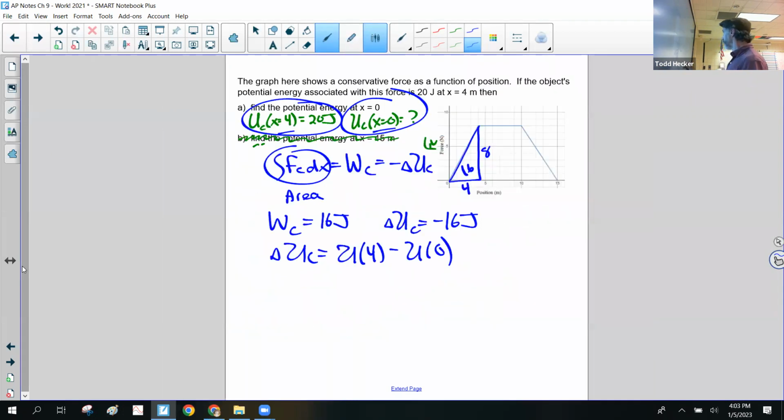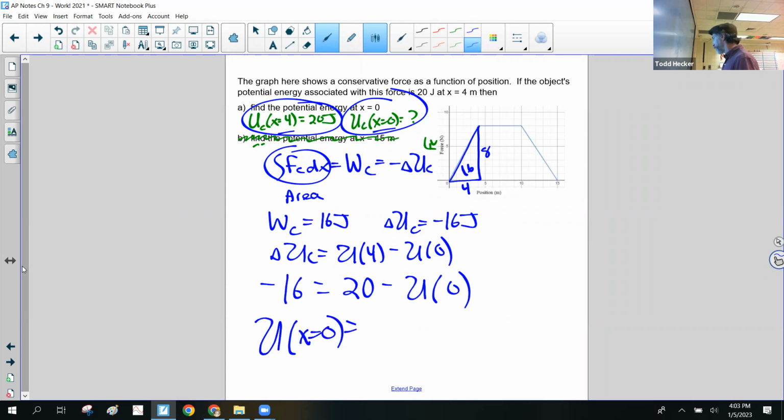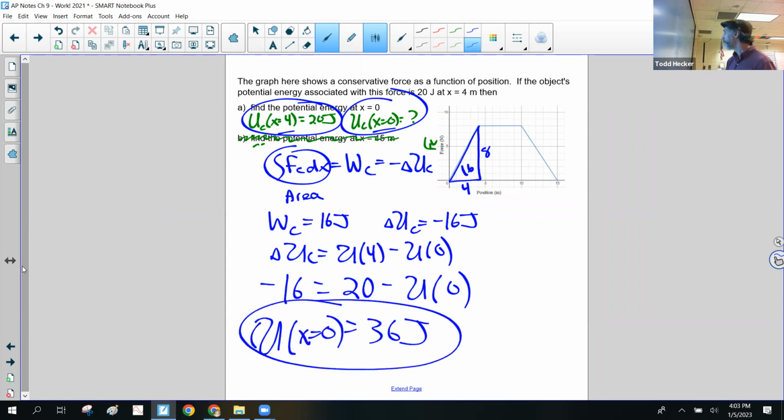So let's plug in our numbers. So we get negative 16 equals 20 minus the potential energy at 0. So add and subtract, and we get the potential energy at x equals 0 must have been 36 joules. And then part B is similar, except you're gaining energy instead of losing it.